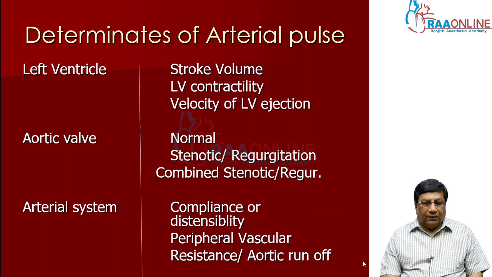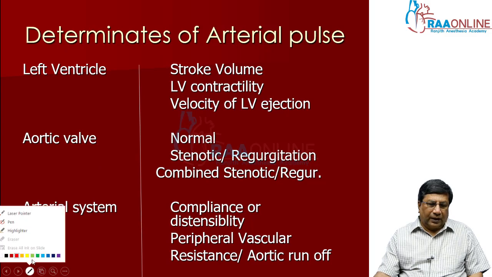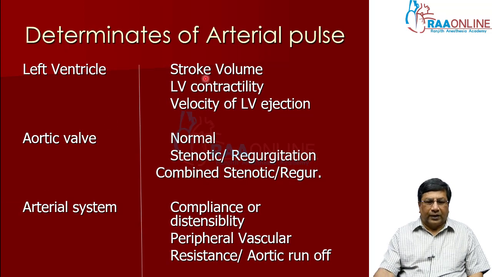So, the determinants of the arterial pulse are the left ventricle. There are three important aspects of left ventricular involvement: stroke volume, the ability of the left ventricle to contract, and the velocity of left ventricular ejection, which determine the arterial pulse.